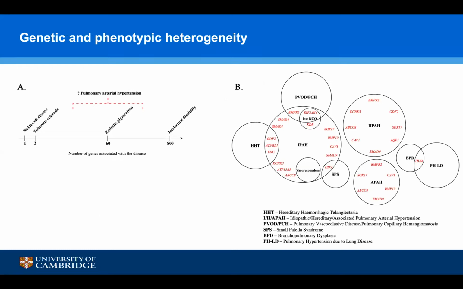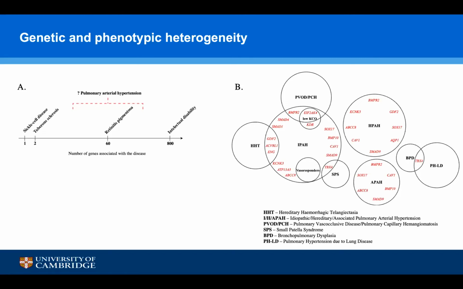And you can see it depicted in figure A, where, for example, sickle cell disease is associated with only 1 gene, but phenotypes such as intellectual disability are associated with over 800 genes. Pulmonary hypertension sits probably somewhere in between, with 20 genes so far discovered, and probably many more to be found.